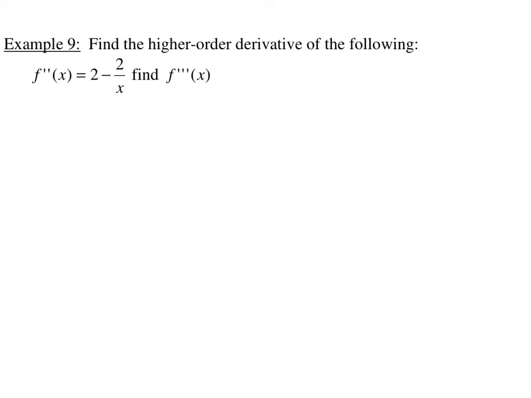So, our second derivative is 2 minus 2x to the negative 1, rewriting that. So the third derivative is going to be 0 minus 2 times a negative 1x to the negative 2. So that's a positive 2x to the negative 2, which is 2 over x squared.